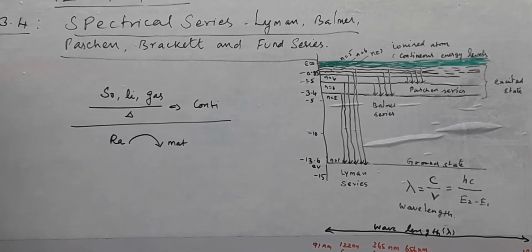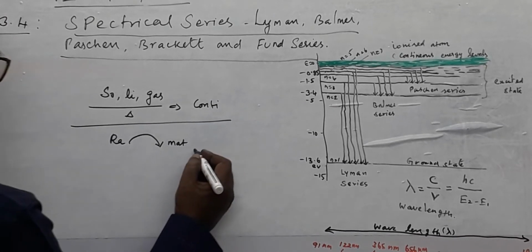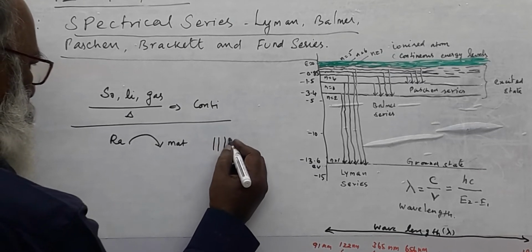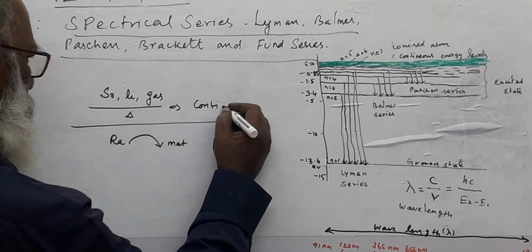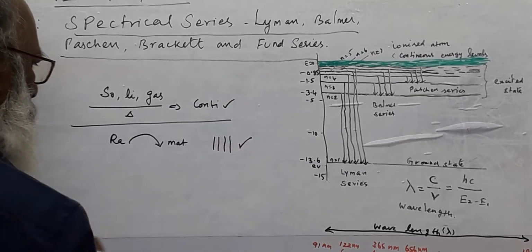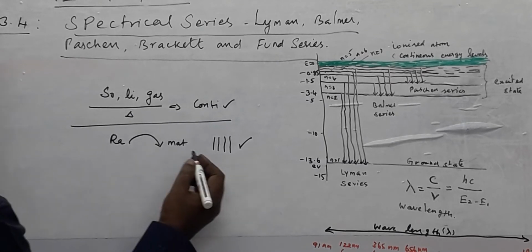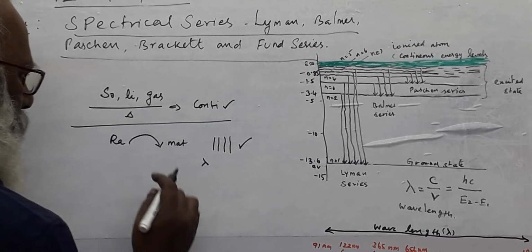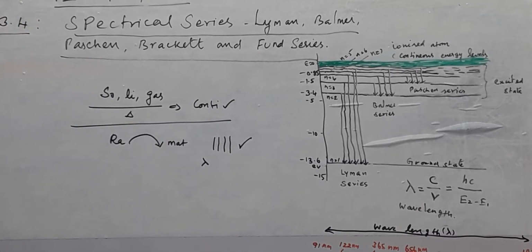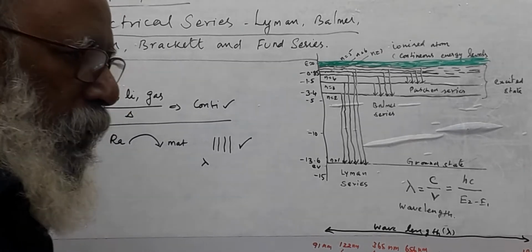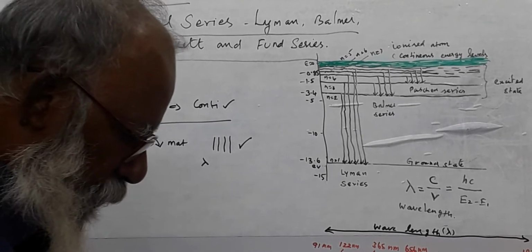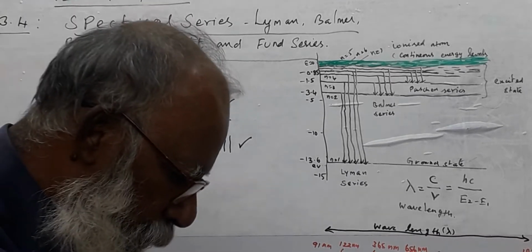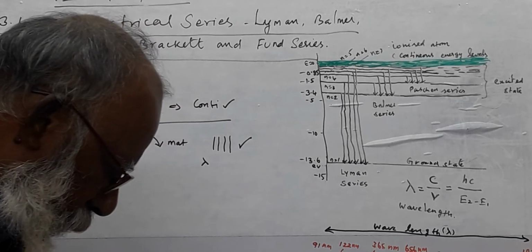These spectral lines show that it is not a continuous spectra, but a line spectra, because each line possesses a particular wavelength, sharply. That's why it is said to be not a continuous spectra, but a line spectra.